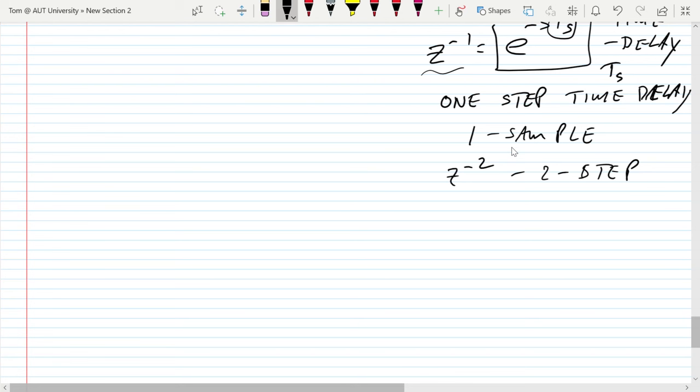Okay, so what that means is that if we've got a discrete signal, and how do we write a discrete signal? Well, how do we write an analog signal? A discrete signal means a sampled signal.